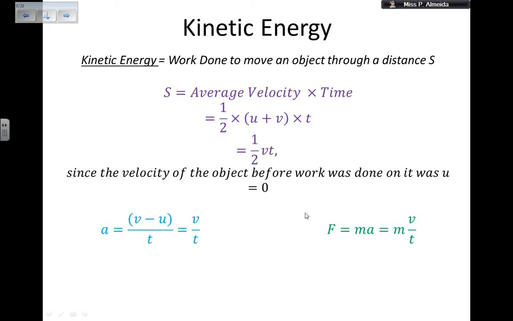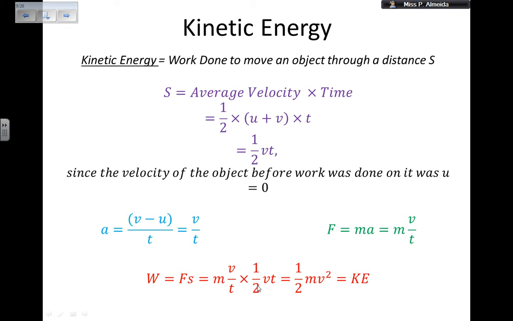Because from Newton's second law, force equals mass times acceleration, I can substitute the acceleration by v over t, so I get force equals ma, which is equal to m times v over t. So now, if I want to get the work done, I just need to multiply the force by the distance, right? So I do Fs, so F, m times v over t, times s.